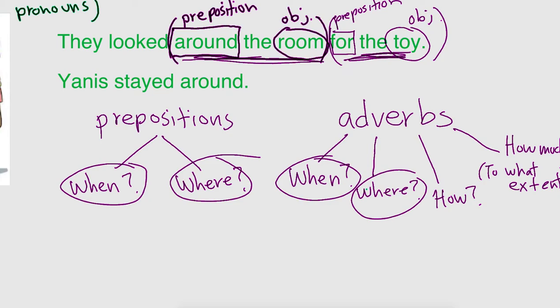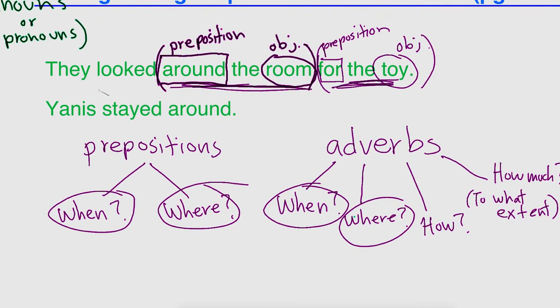So for example, here, around. Is this a preposition or an adverb? This is an adverb. Even though around was a preposition in the earlier sentence, it's not always a preposition, because a preposition needs an object. Is there an object or a noun after around? No, right? It's the last word in the sentence.